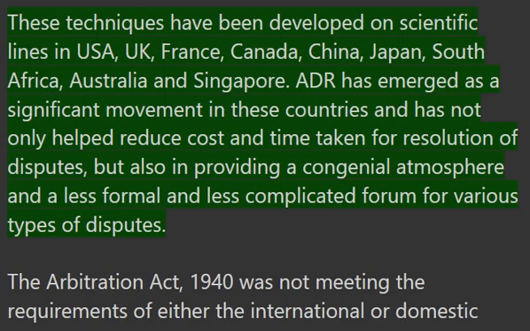ADR has emerged as a significant movement in these countries and has not only helped reduce cost and time taken for resolution of disputes, but also in providing a congenial atmosphere and a less formal and less complicated forum for various types of disputes.